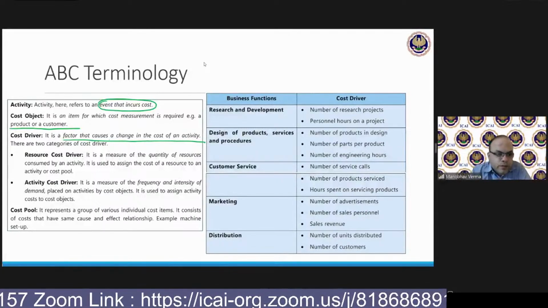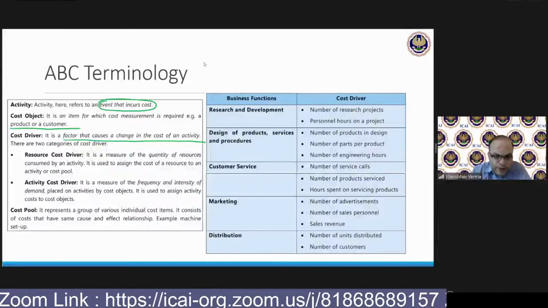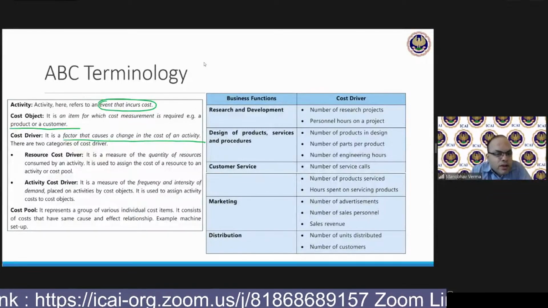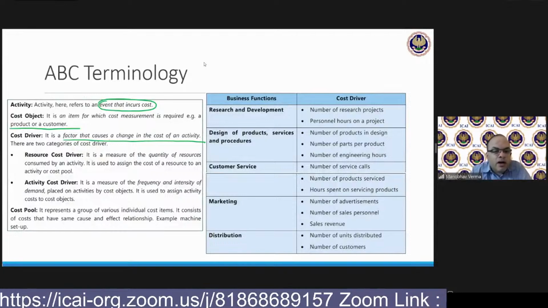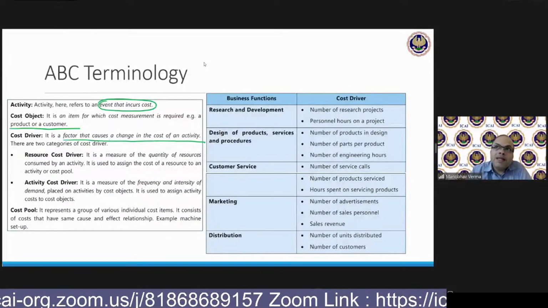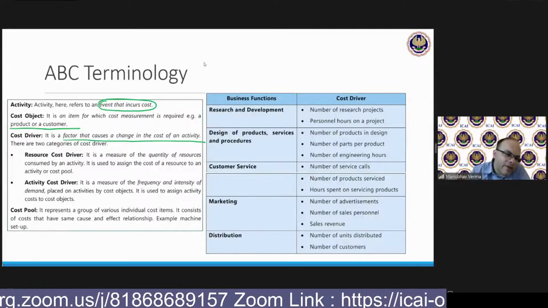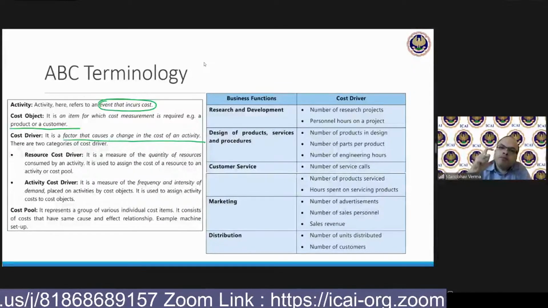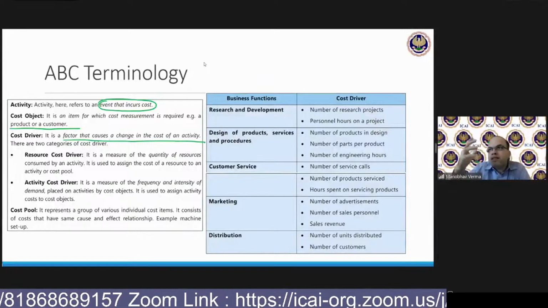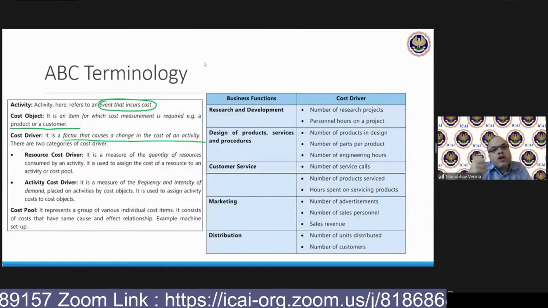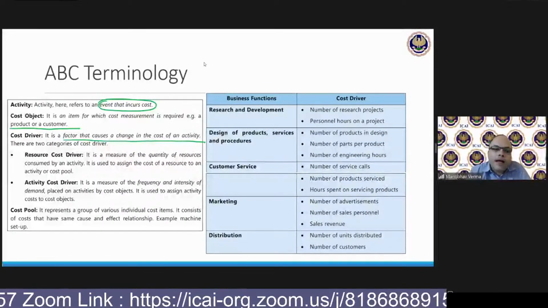Similarly, a cost pool is nothing but a group of individual cost items wherein you may have a direct cause and effect relationship. The biggest example is we can bucketize certain activities under broad headings, under which the overheads which are not based on the traditional volume can be clubbed.